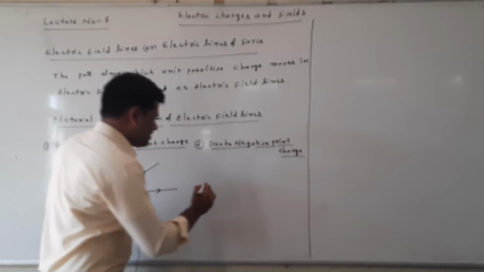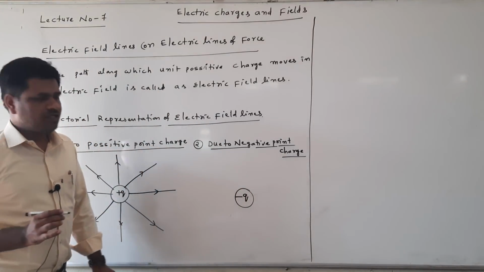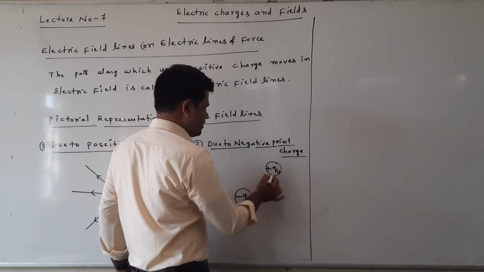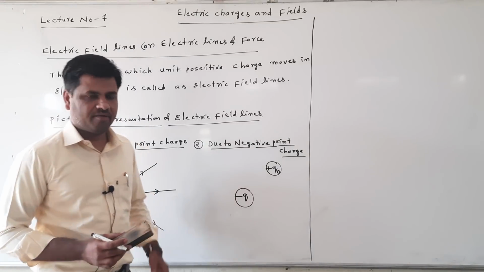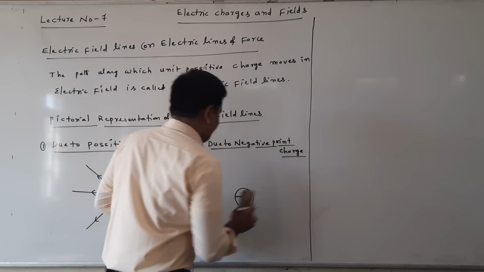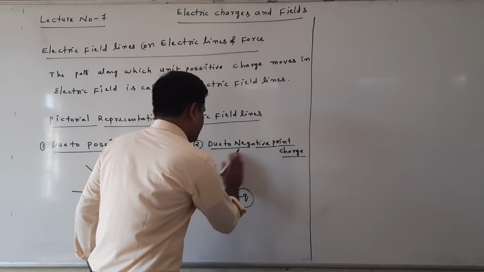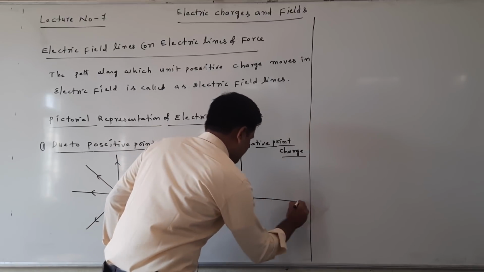Here suppose I place the negative point charge. Suppose I place the positive test charge here. These two charges attract each other, because positive and negative attract each other. That's the reason the electric field lines are towards the charge, or converge to the charge.